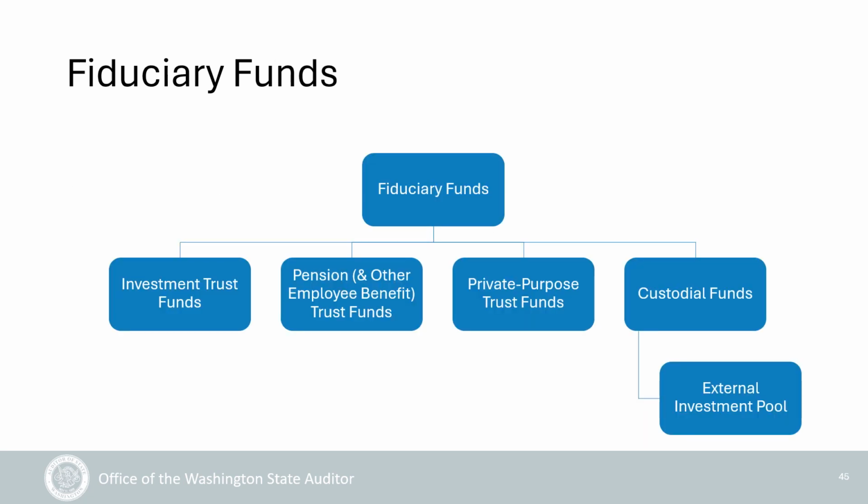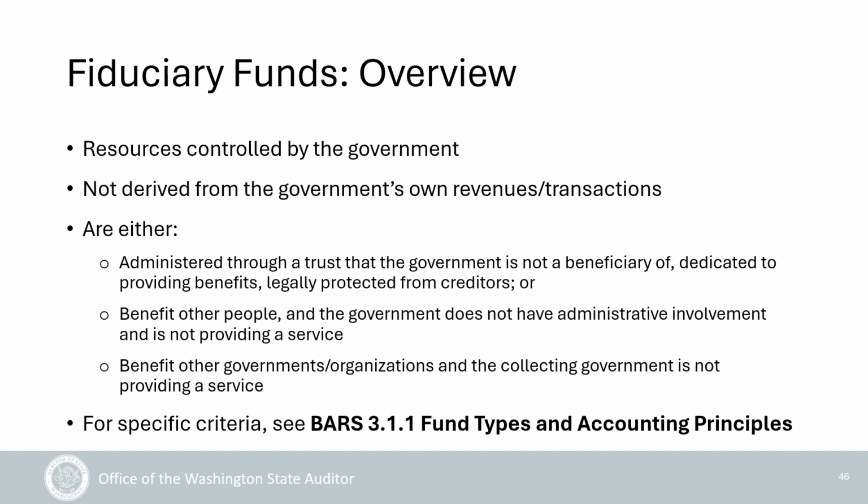Let's move on to the types of fiduciary funds. We have spoken about fiduciary activities before, but let's go into more detail. There are 3 steps to determine if a government has fiduciary activity. Step 1. The resources are controlled by the government.